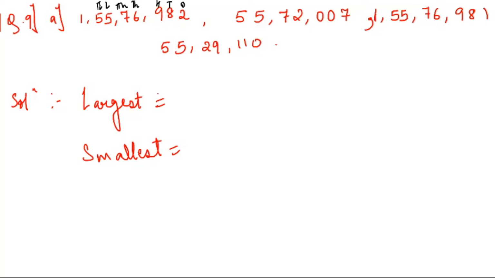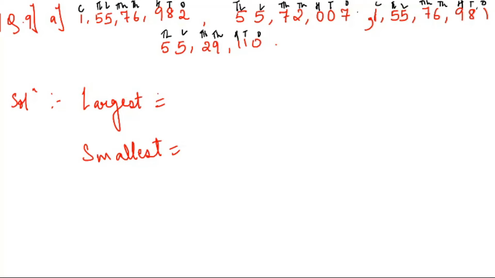The second one is ones, tens, 100, 1000, 10,000, lakh, 10 lakh. Third one, up to crore. Fourth one, up to 10 lakh. So two numbers are of crores and two numbers are of 10 lakh.